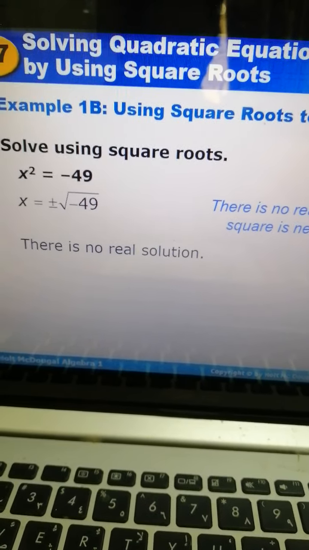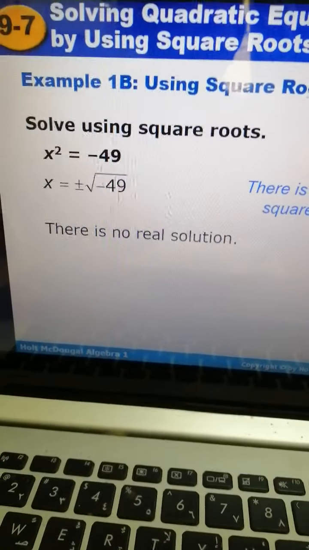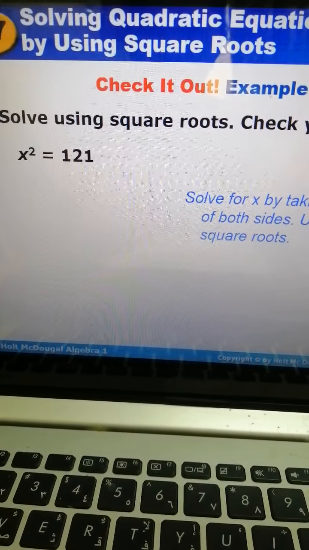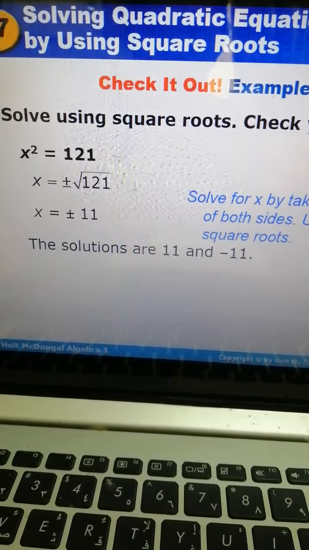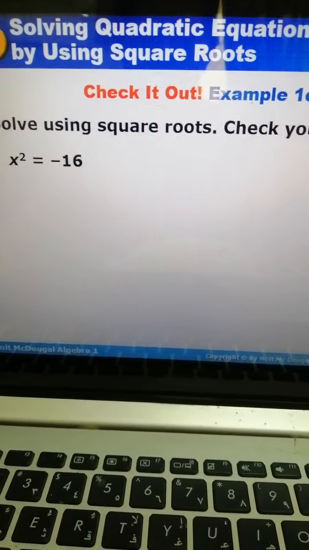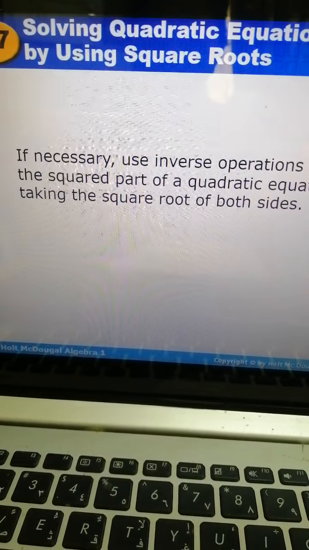That will be positive, right? Okay, so there's no real solution, because there's no square root of a negative number. Remember that. Okay, so this one also applies the square root property. Check it out. You have this in your book as well. This one has no solution because it's negative.